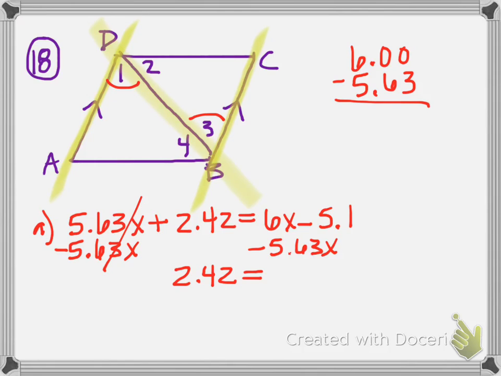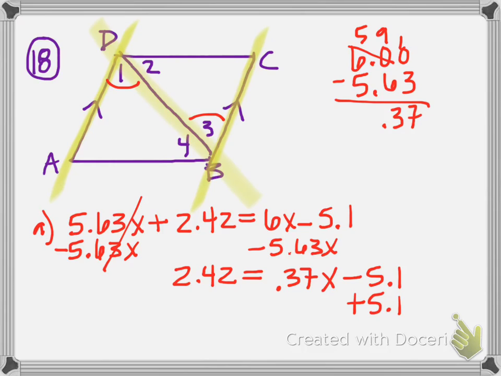You'd have to line it up like that. And then you would have to borrow, and you would get 0.37. If you want to verify that in your calculator, you certainly could. So 0.37x minus 5.1. Then we need to move our constants to the other side, so I'm going to add 5.1 to both sides. Make sure that you're lining up those decimals.